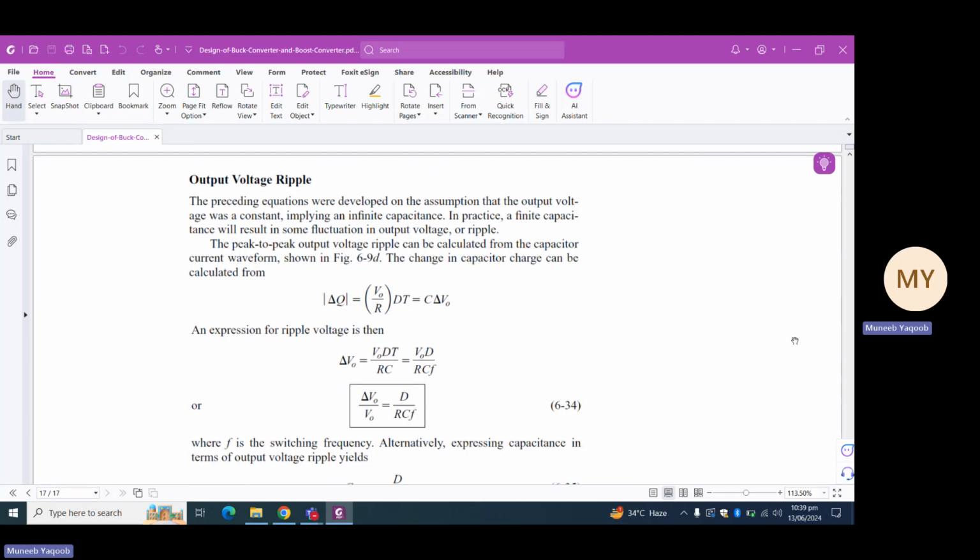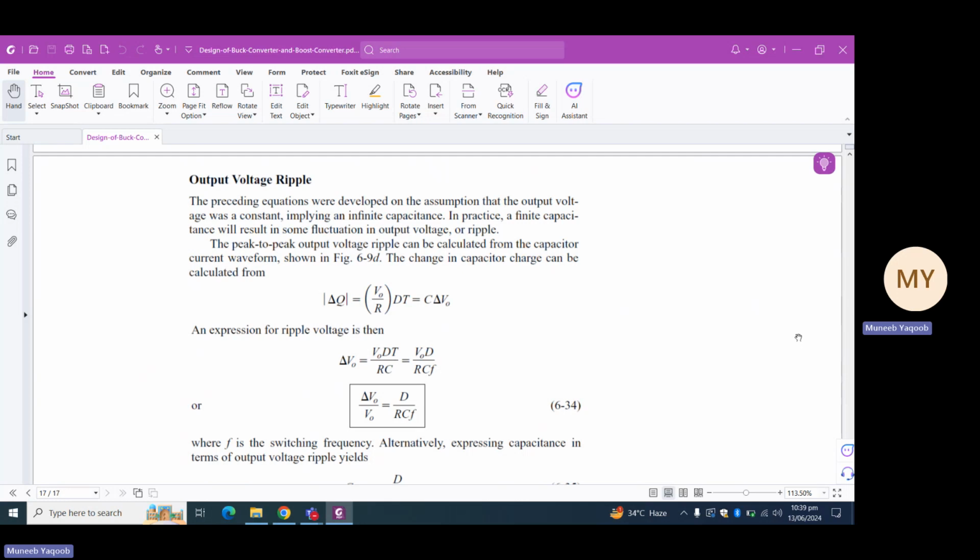As we know Q equals CV, so making delta Q equal to delta V into C, we made delta V the subject of the equation and got delta V naught equals V naught D upon RCf, and delta V naught upon V naught is the percentage ripple.